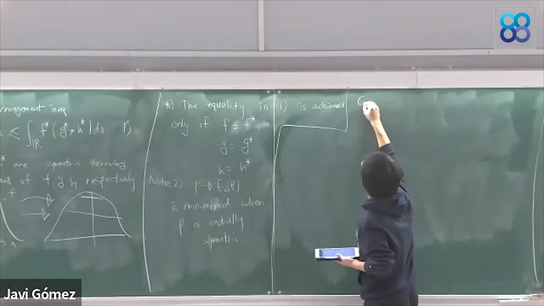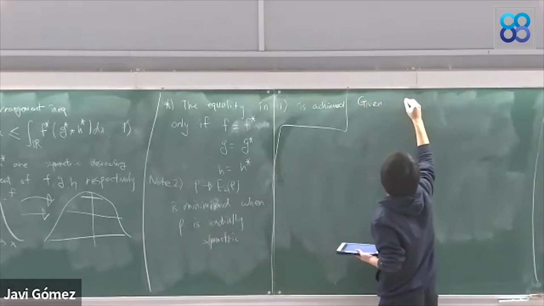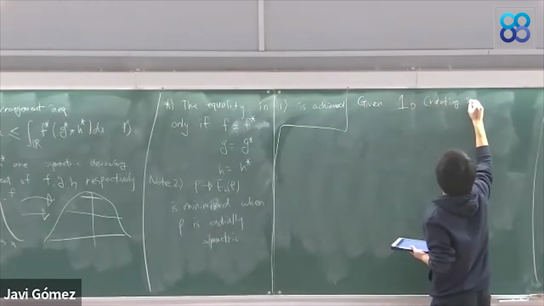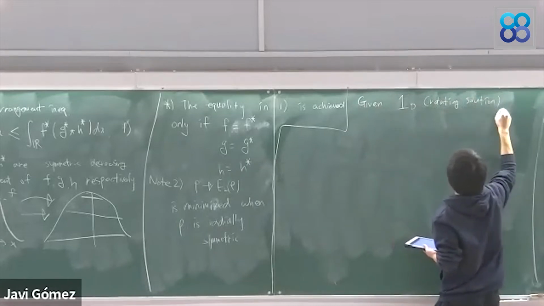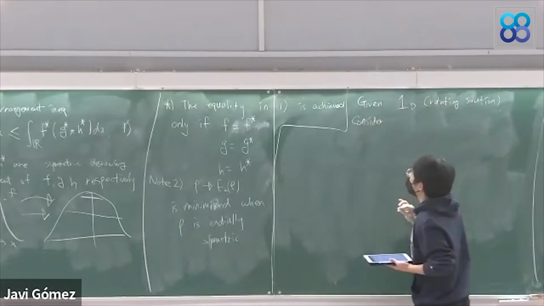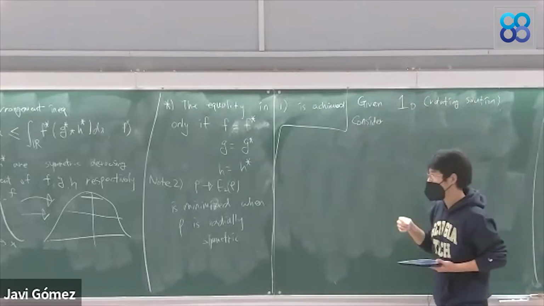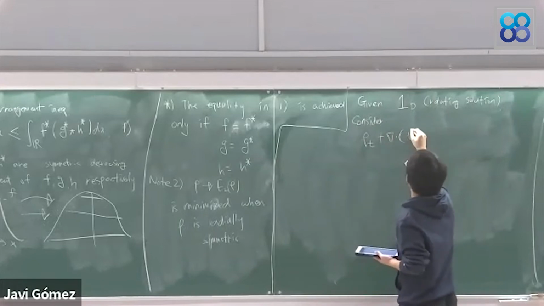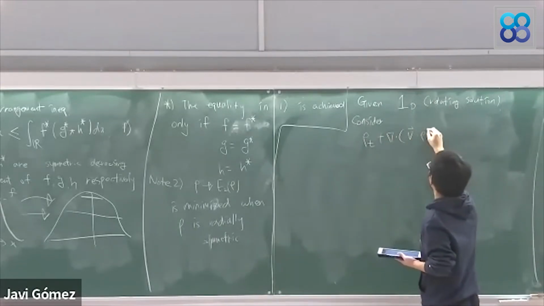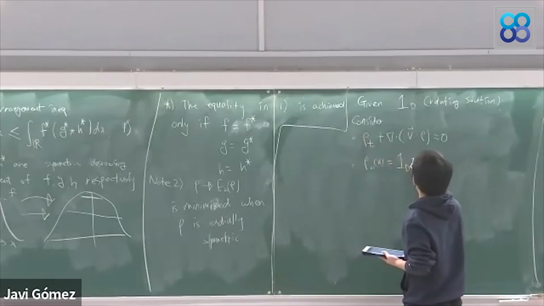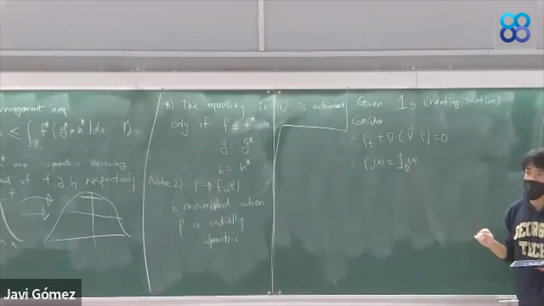So given a rotating solution, consider the continuity equation for some given velocity vector v, and this equation takes the rotating solution as an initial data.